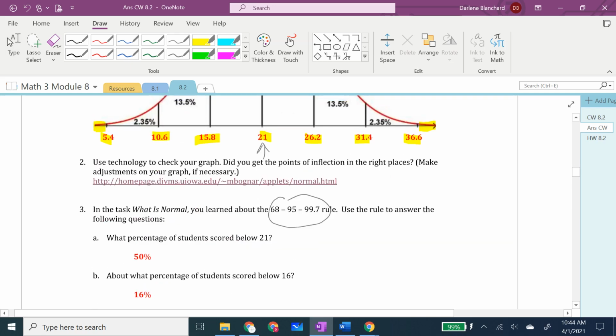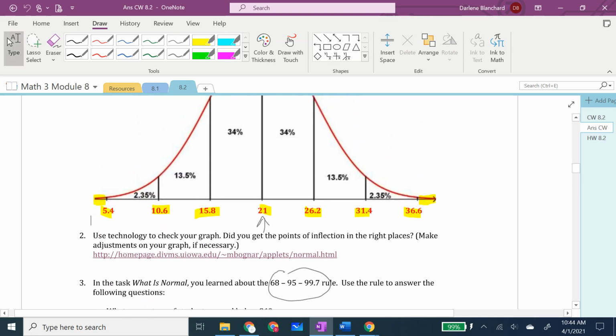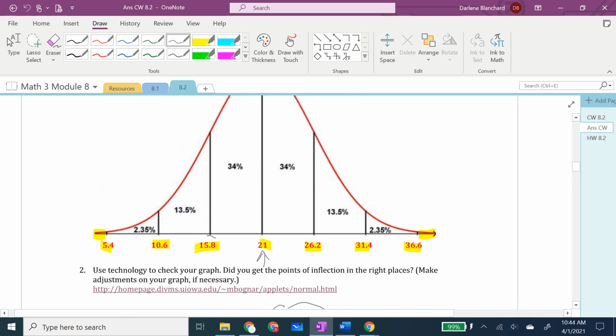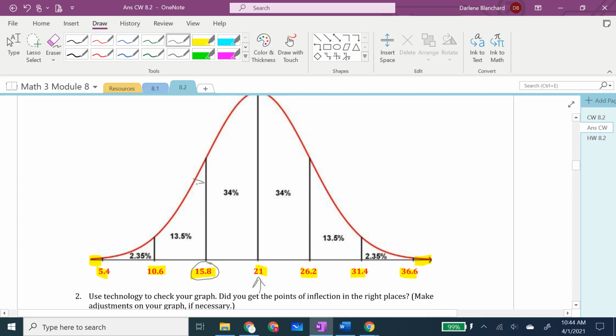About what percentage is below 16? Now, one standard deviation away is a number very close to 16. So the easiest thing you can do, because you are approximating, is to say, what percentage of the test takers are expected to be under one standard deviation? And then it's all about percentages.